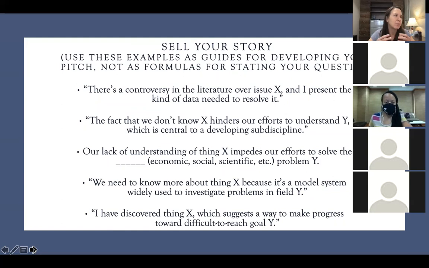So here are explicit statements, again, that you might want to write down and figure out the way you're selling your story is, even if it doesn't make it into your paper just like this. So you might think about your question as, there's a controversy in the literature over this particular thing, and I present the data needed to resolve it.